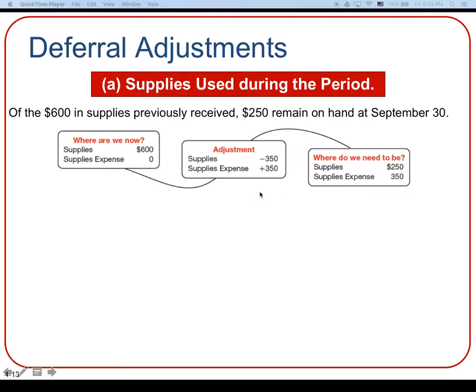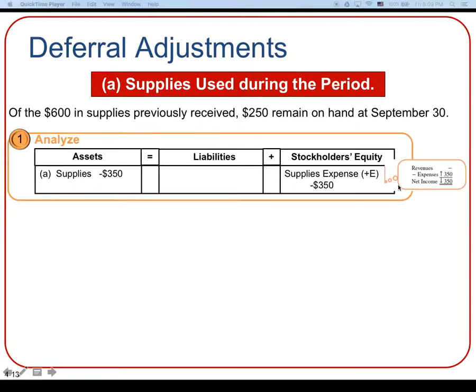And we have to increase the expense amount by 350 because all of these supplies are already expensed. So the supply balance now should be only $250, and we should have a supply expense of $350.